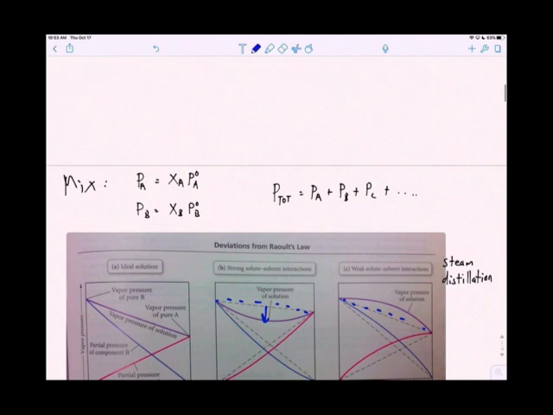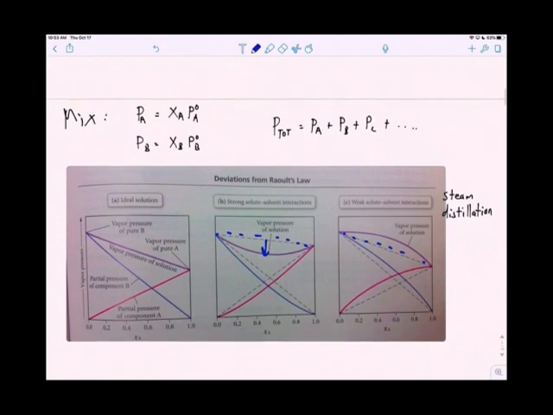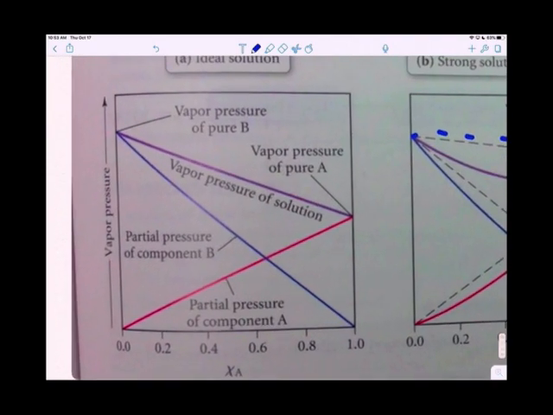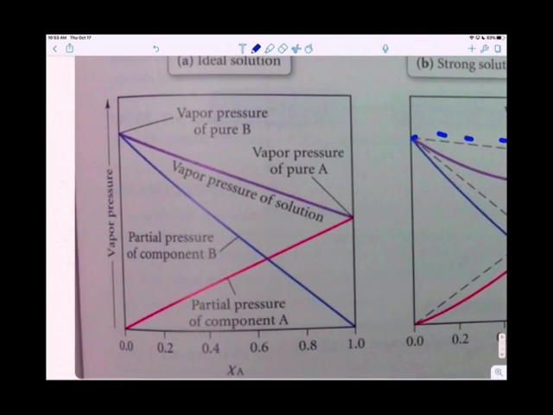Okay, let's talk about the different types of cases with Raoult's law. We have two components, A and B, mixed together, described by mole fraction. The first one here is the ideal case.